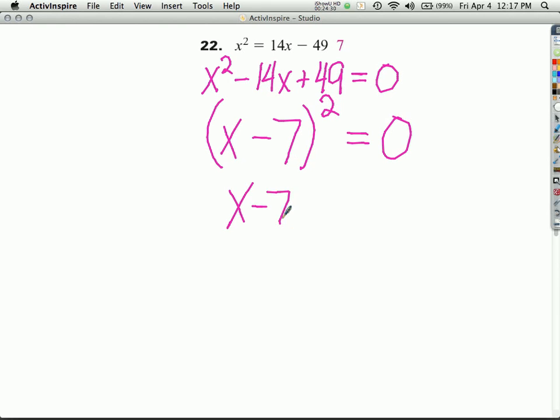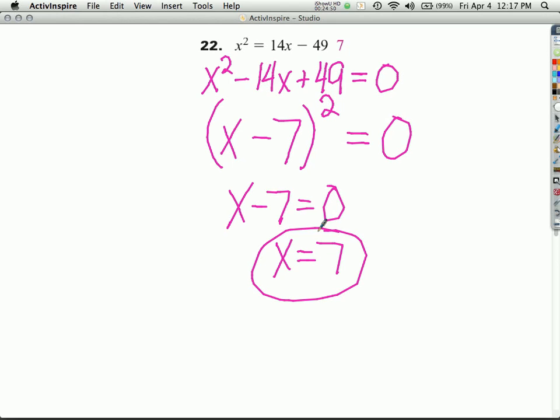Set each factor equal to 0. X equals 7. I believe that just took me 10 seconds. And as I've said many a time, you guys are much brighter than I could ever hope to be. So if it can take me 10 seconds, you can do it in 10 seconds or less.